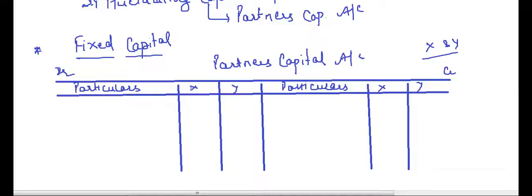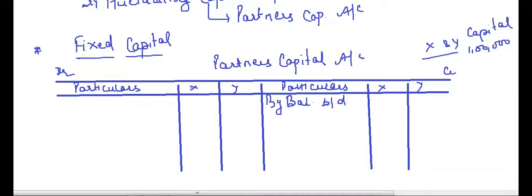Now let's see. The capital is introduced by the partners. Say each partner is introducing 1 lakh as the capital. So here we have a credit balance of capital.